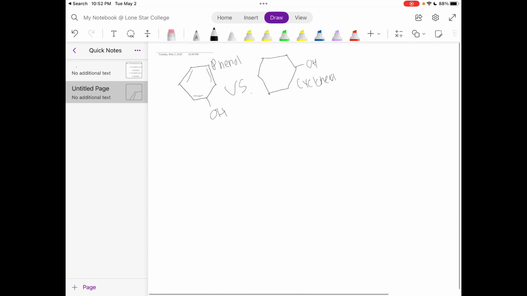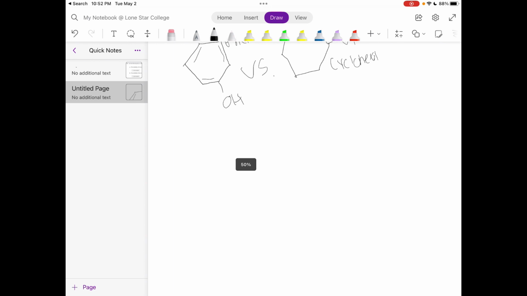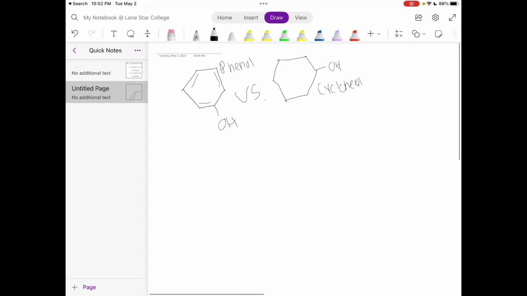So we base the reasoning on size, electronegativity, and resonance. But we don't do it on this. We do it on the conjugate. So let me do that real quick.